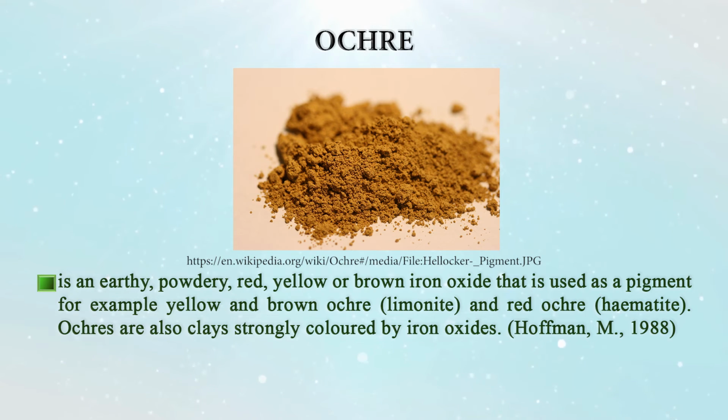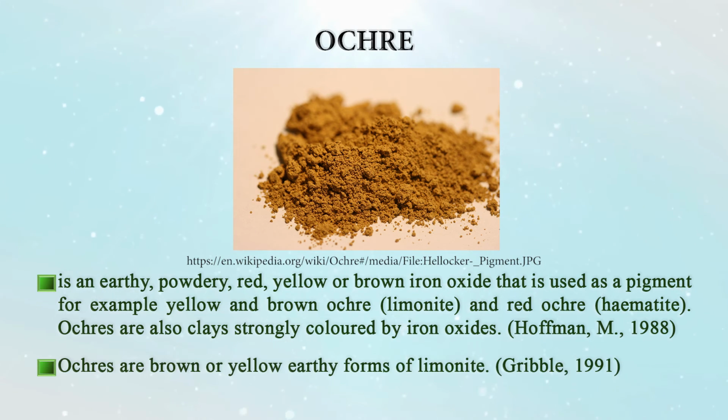Ochres are also clays strongly colored by iron oxide, which was defined as such by Hoffman. Gribble defined ochres as brown or yellow earthy forms of limonite. So these are the ochreous matter which I am talking about.